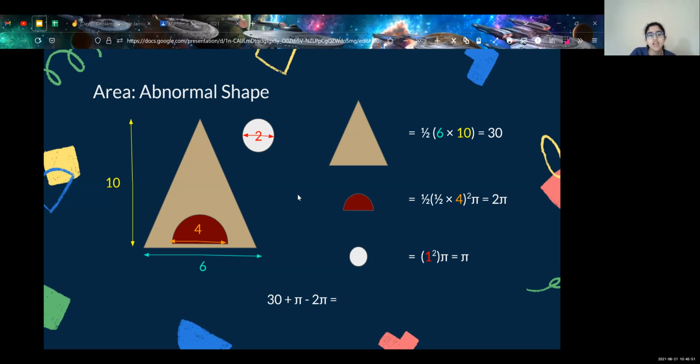So we get 30 minus 2 pi plus pi, which is equal to 30 minus pi. I saw a lot of people got it correct on the second try. Good job for correcting yourself, but make sure you know why you got it wrong. I think many people got it wrong because they were only solving for the visible area. So we get our answer of 30 minus pi.